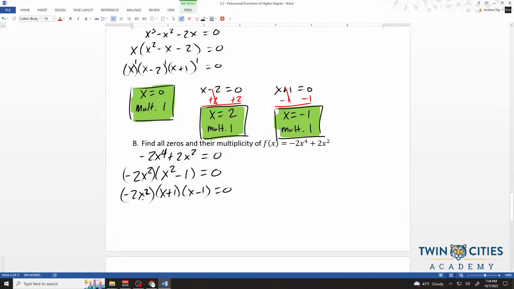So negative 2x squared, x plus 1, x minus 1. Really, this is just a coefficient on my x squared, and then this is to the power of 2 here. Okay, so what does this mean? Let's set each of these equal to 0.